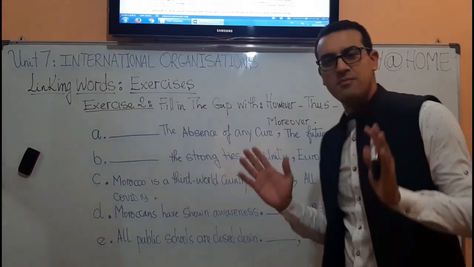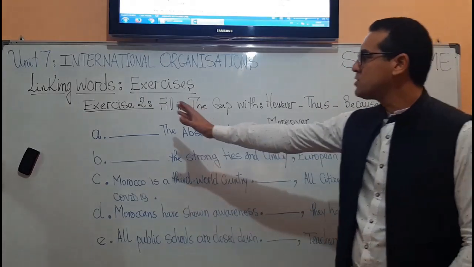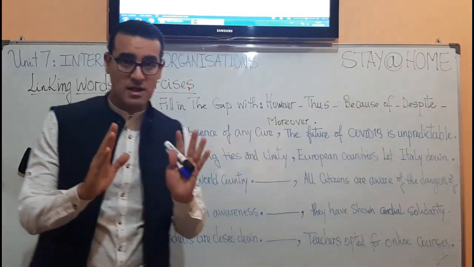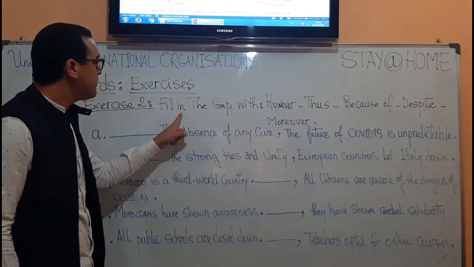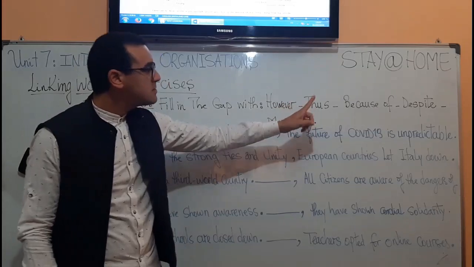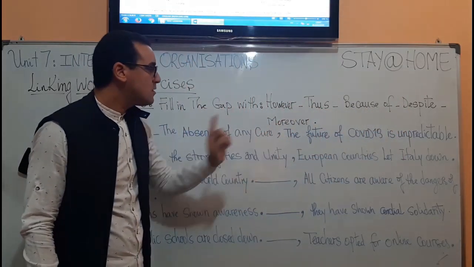So, as you can see, my dear students, my dear viewers and followers, now we're going to move to exercise number 2. The instruction is as follows. Fill in the gap with however, thus, because of, despite, and moreover.